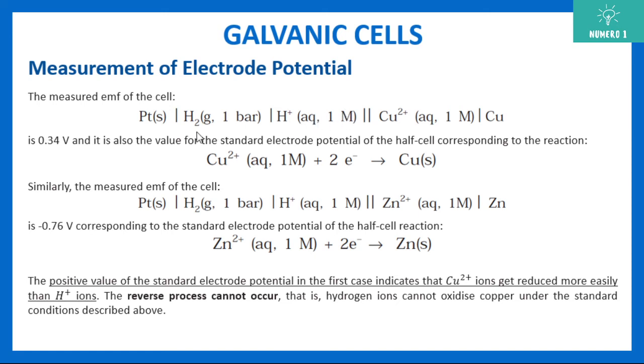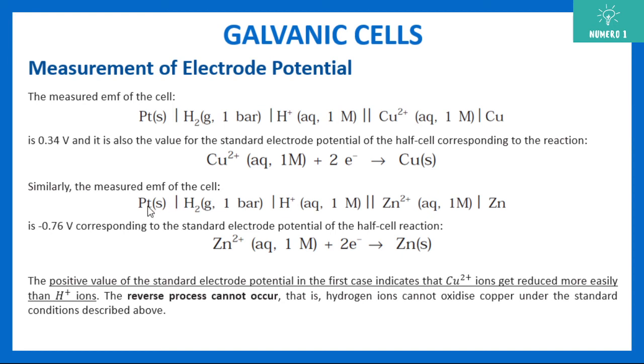Note that in the full representation, you write the inert electrode, the gaseous state and pressure, the aqueous state and concentration, then the salt bridge, Cu2 plus aqueous with its concentration, and Cu solid. This gives you 0.34 volts of potential difference. The half reaction is Cu2 plus plus 2 electrons converting into Cu solid.